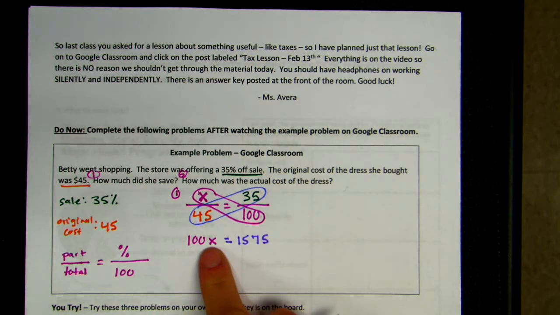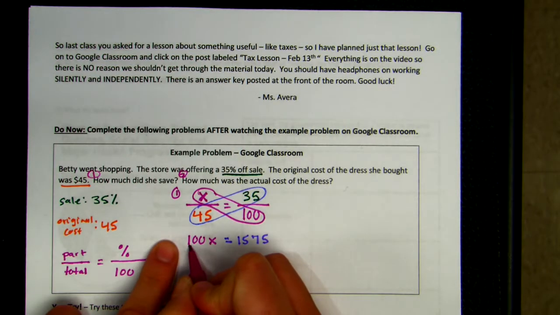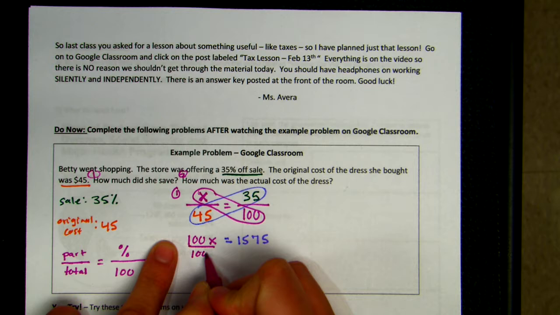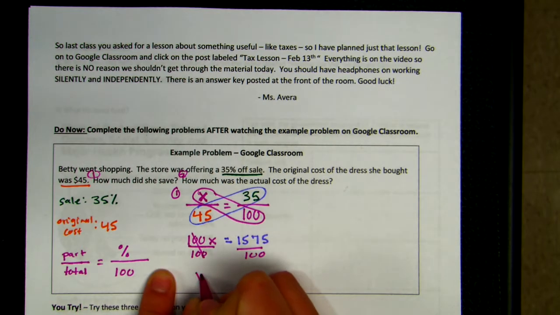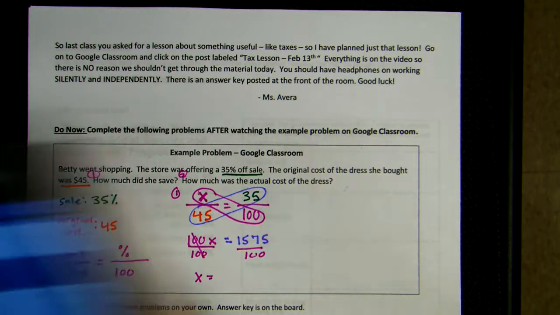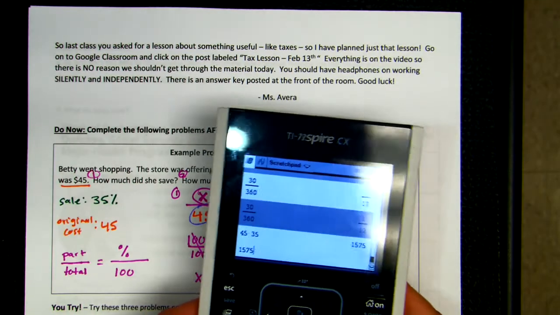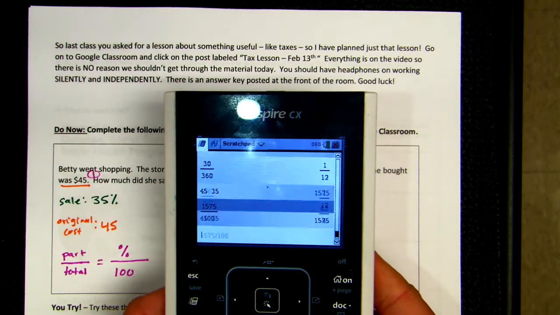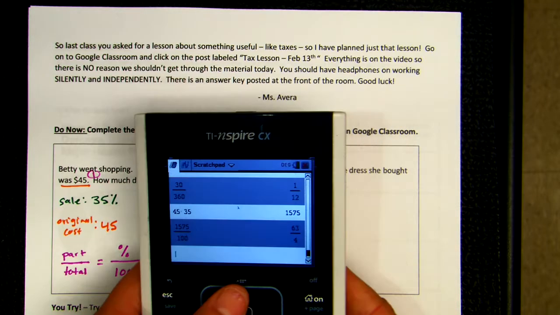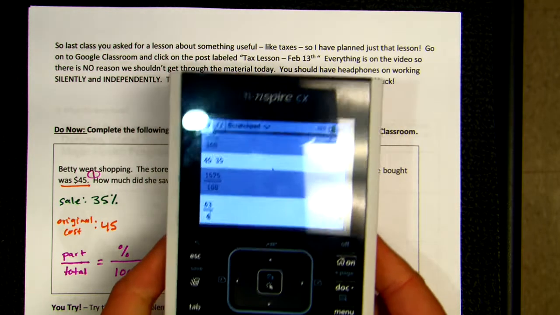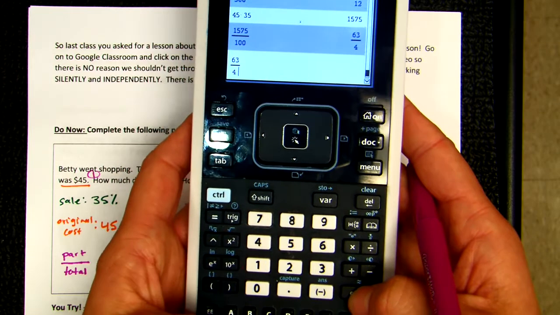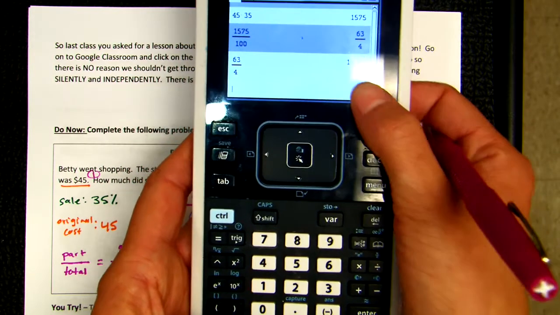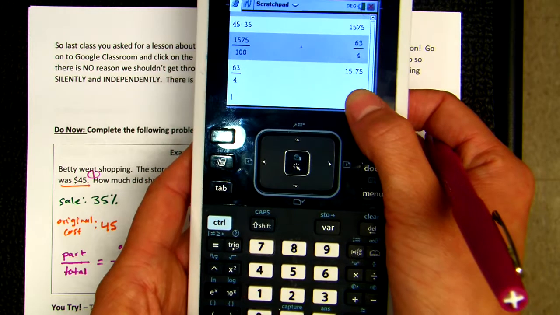Now, x isn't totally by itself yet, and that's what I want to know the value of. So I'm going to divide by 100 on both sides to cancel it out here and have that x is equal to, when I plug 1575 divided by 100 in my calculator, I get a fraction, which I can convert to a decimal by putting a decimal point in the denominator of the fraction. When I hit enter, I get 15.75.